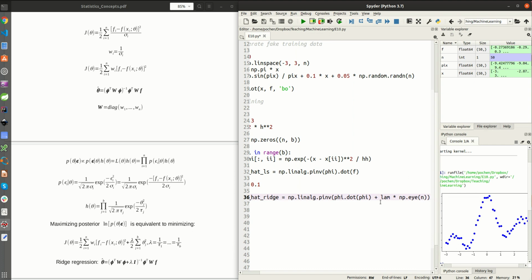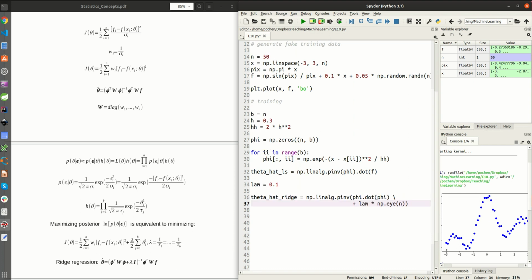But let me break this line into multiple lines, right? Okay. And then the pinv, the generalized inverse, is actually applied onto this particular matrix, right? And then now we have to actually multiply with phi transpose times f, right?